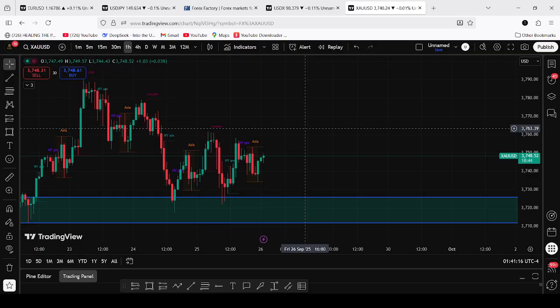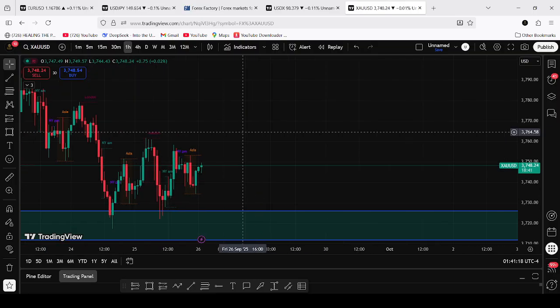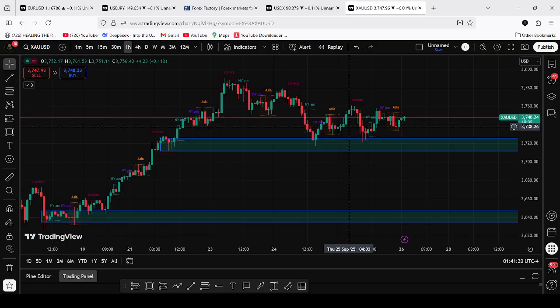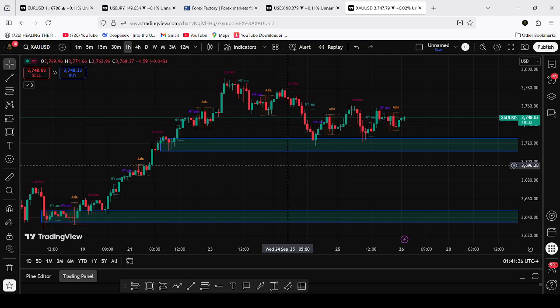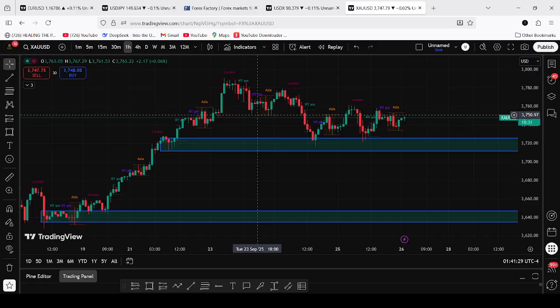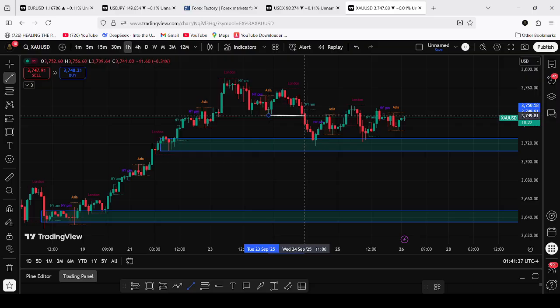We are just waiting for the market to see how it will behave. Yesterday the market broke below this point. After breaking this point, we saw a break of market structure.